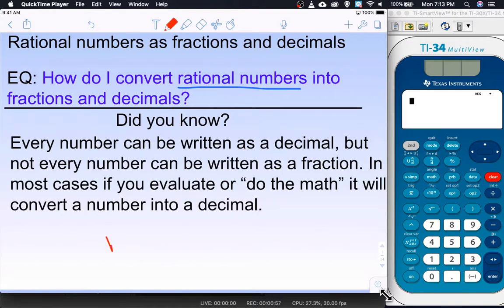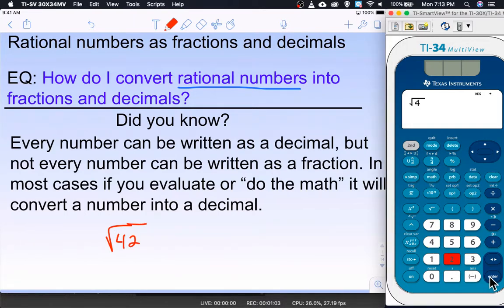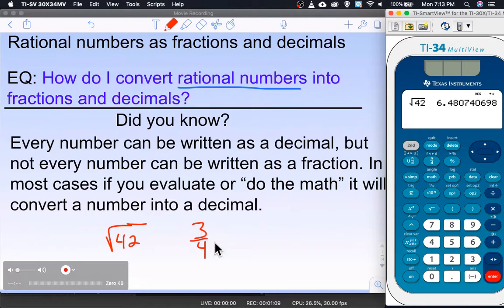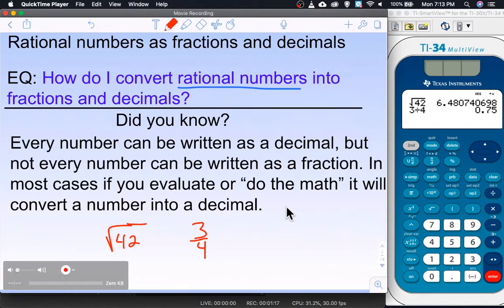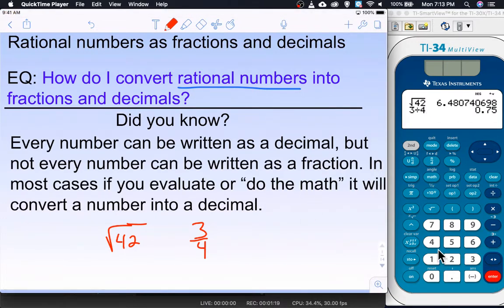Like, if you have the square root of 42, if you type it into a calculator, it will give you a decimal. If you have 3/4, that is just a division. 3 divided by 4 gives me a decimal. That's what it means by if you just do the math, it will convert it into a decimal.